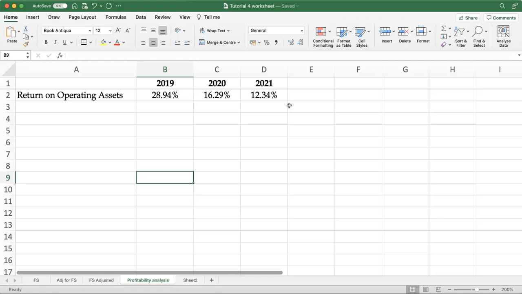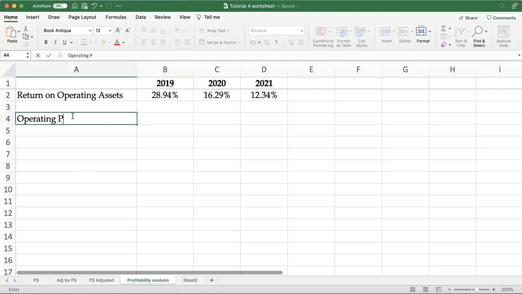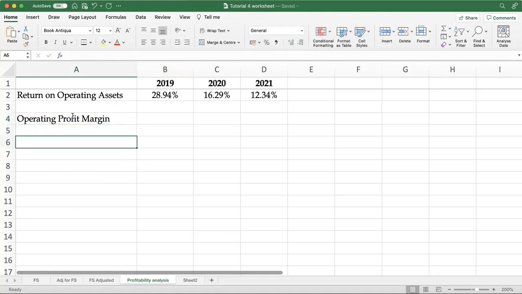You can remember we studied return on operating assets is a product of operating profit margin and operating assets turnover.